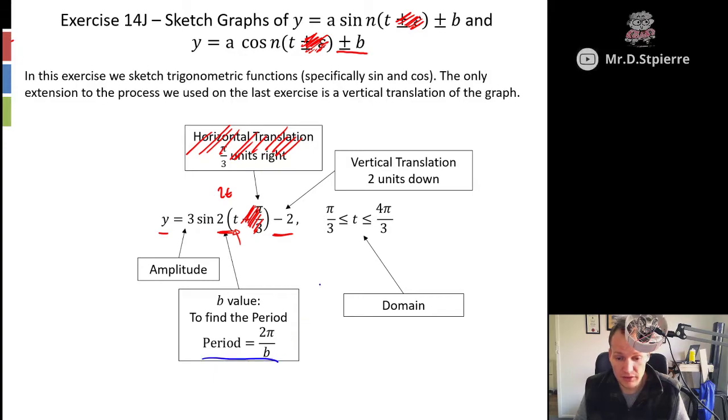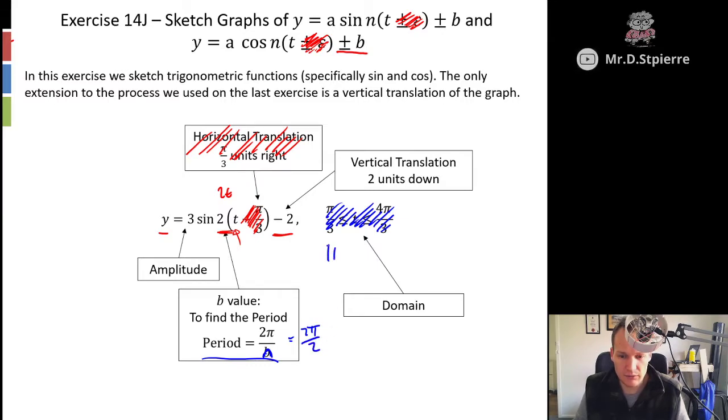We still have our period, which is 2 pi on n. Sorry, not b, that should be an n. And then our domain, which would actually be wrong in this case, it is 2 pi on 2.